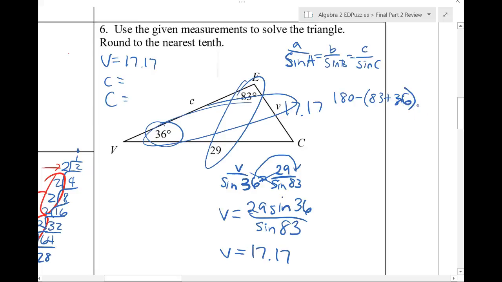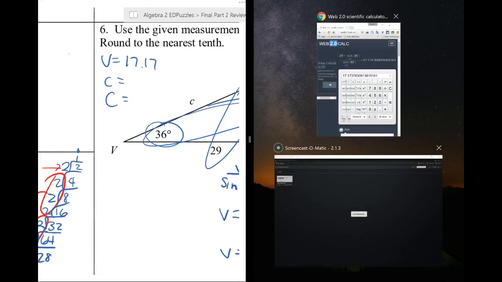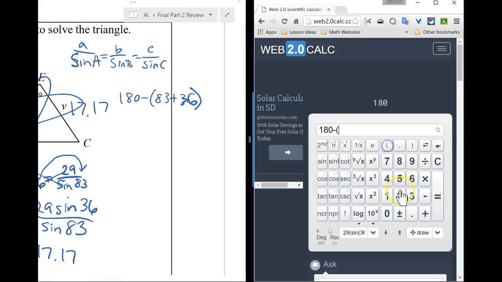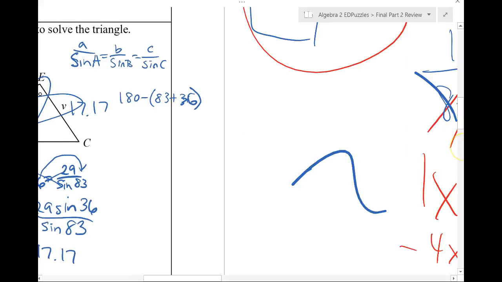Okay, pull out the calculator real quick, because I like to use calculators, nothing wrong with that. 180 minus 83 plus 36. Okay. And the angle is 61. So that angle C is 61.